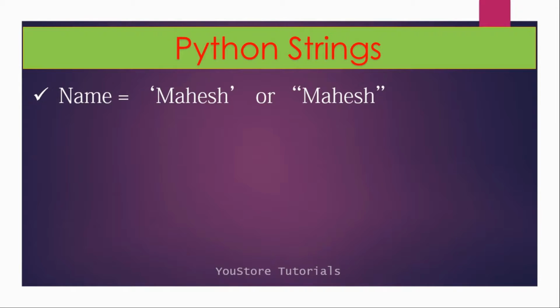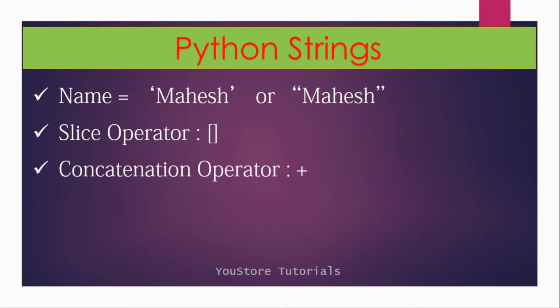Subsets of a string can be taken using the slice operator with indexes starting at 0 at the beginning of the string and working their way from -1 at the end. In strings, the plus sign is the string concatenation operator, and the asterisk sign is the string repetition operator.